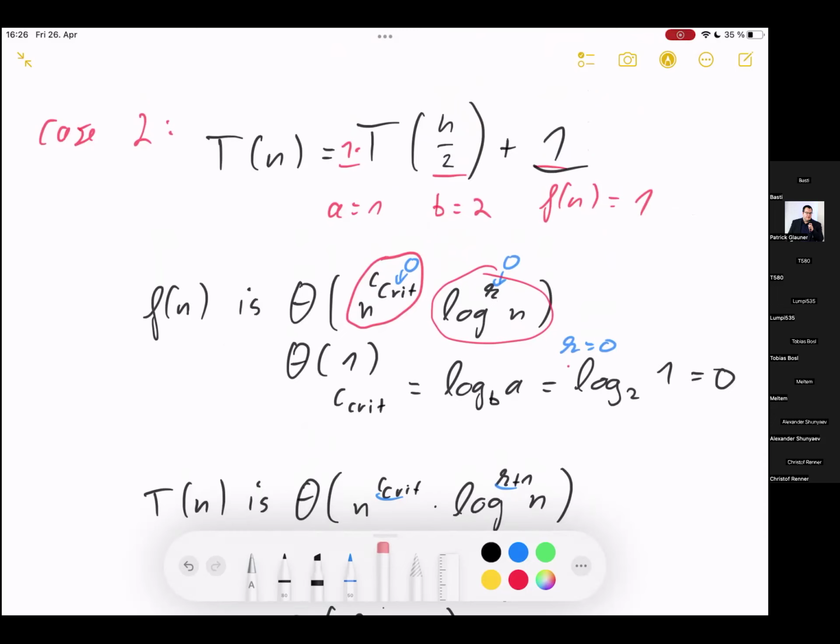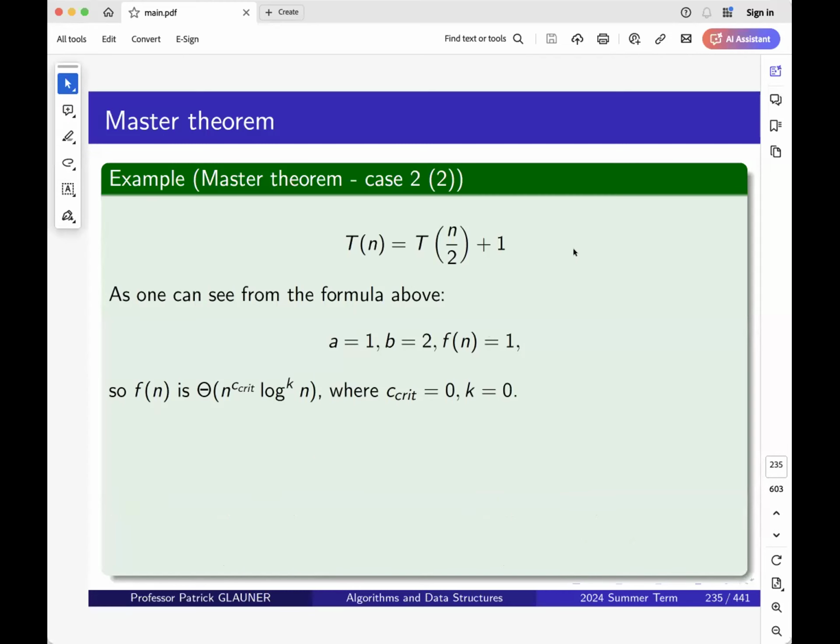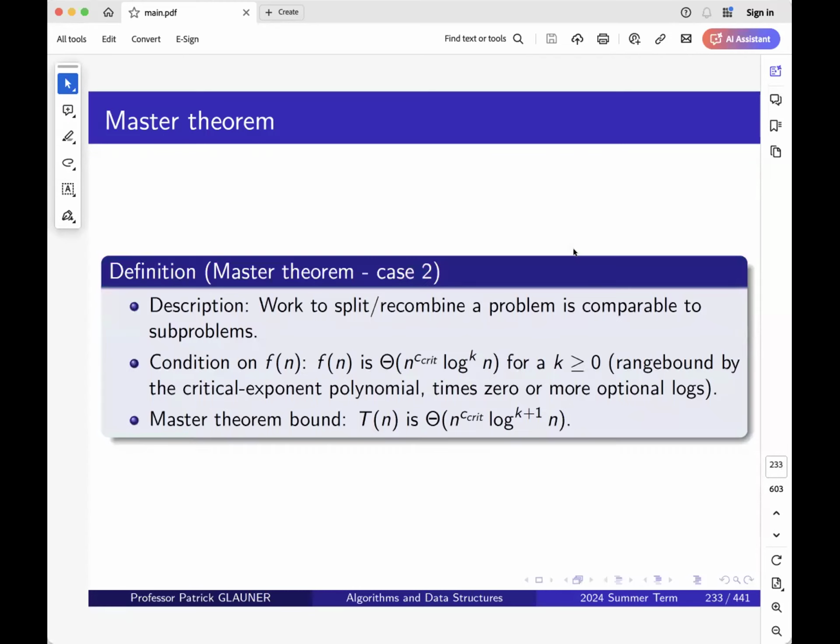And I got a very good question here in the chat. Why is k always 0? It's only 0 in our examples. When I've shown you the definition of the master theorem, case 2, we said as long as k is greater than or equal to 0, then this works.